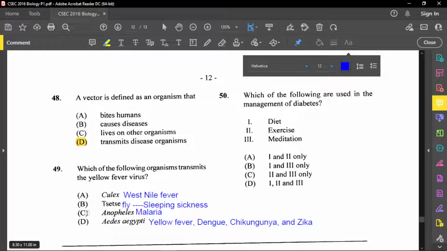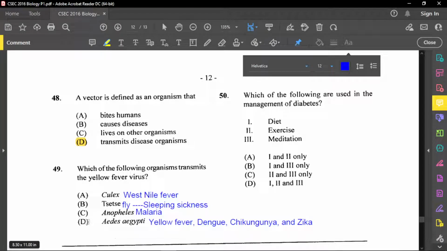It's an African disease; I can't remember the exact name of it, but it's a sleeping disease. The Anopheles mosquitoes are responsible for malaria. Now, Aedes aegypti, which gets blamed for so many different things, is responsible for yellow fever, dengue fever, chikungunya, and Zika. So our answer here has to be D for 49.